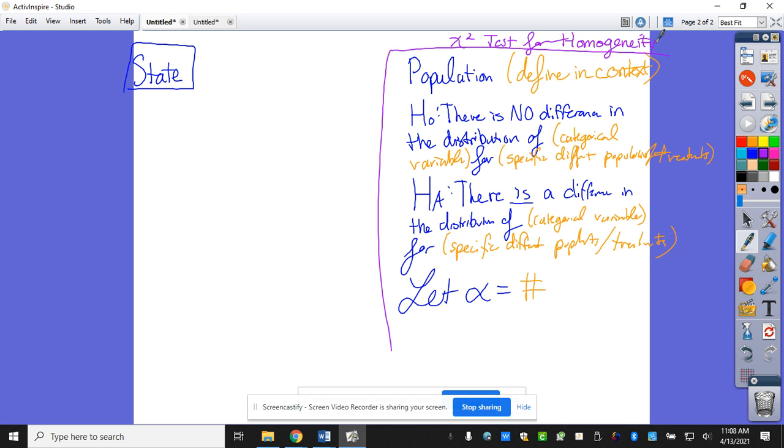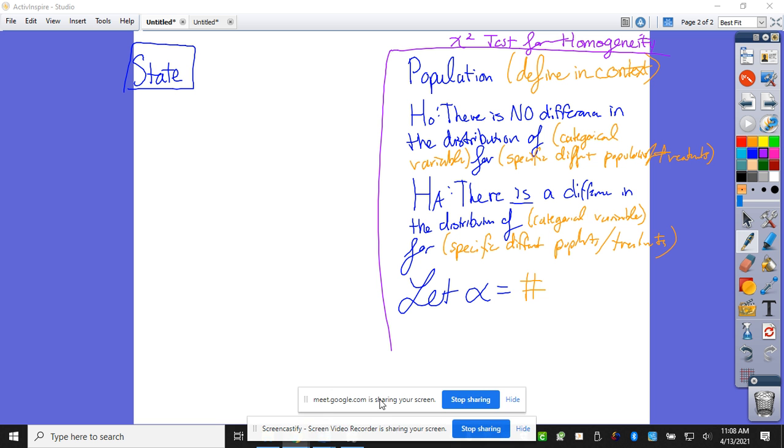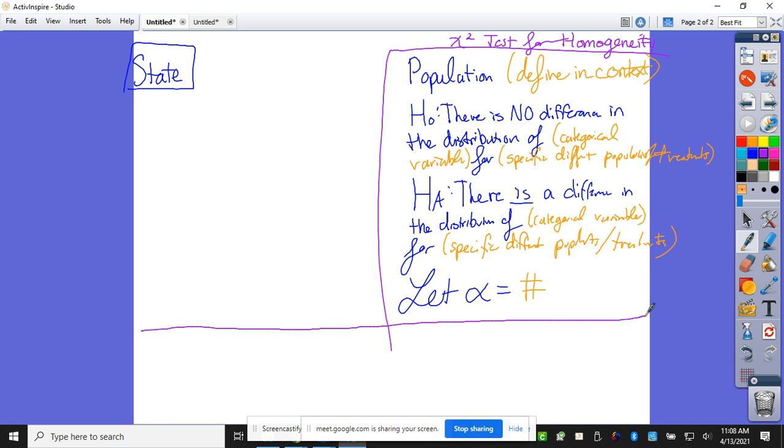Where's the next place that something is different? Method, which would just instead say test for homogeneity, or chi-square test for homogeneity instead.